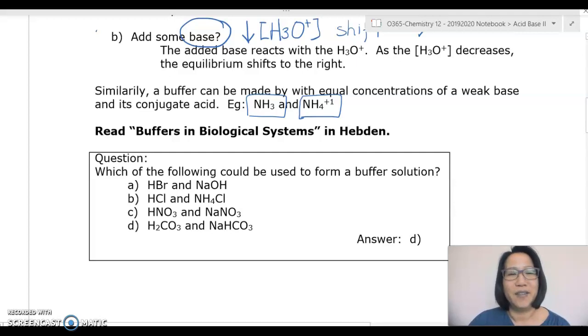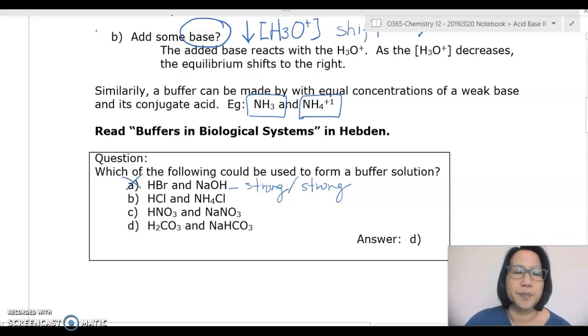Having a look at A, we have a combination that is a strong acid and a strong base. So with a strong acid and strong base, it's just going to neutralize, right? It's simply a neutralization reaction forming water and sodium bromide. So there is no equilibrium system established. Nope, so that's not going to do it.